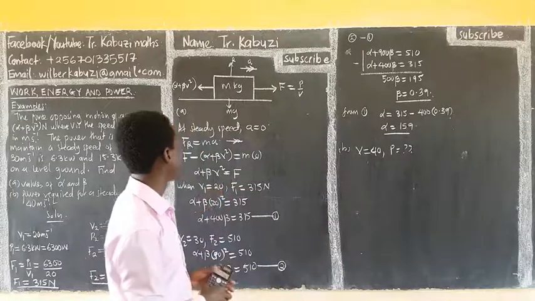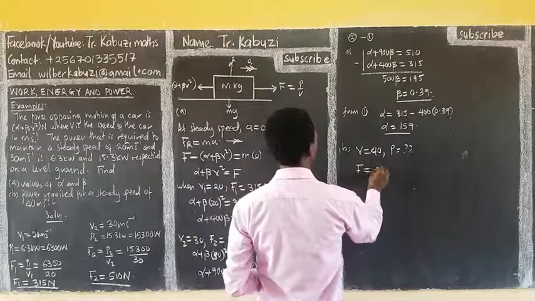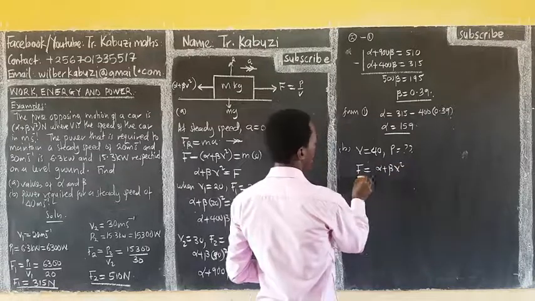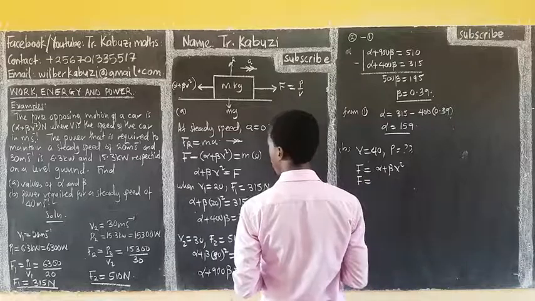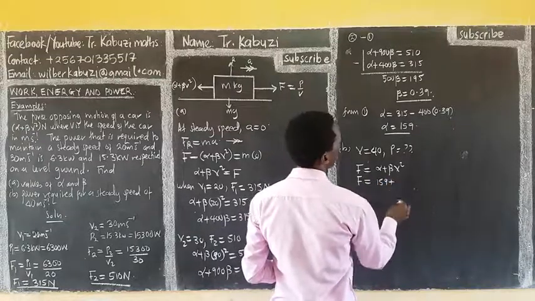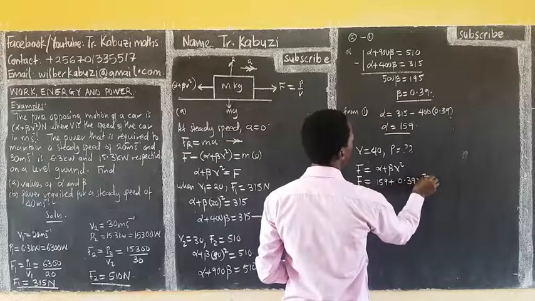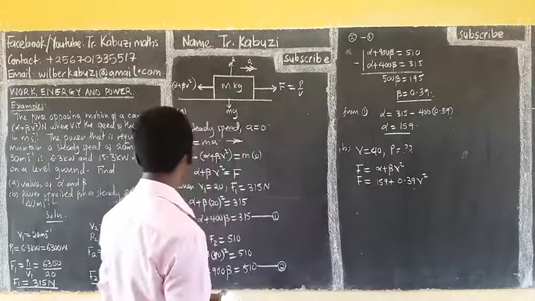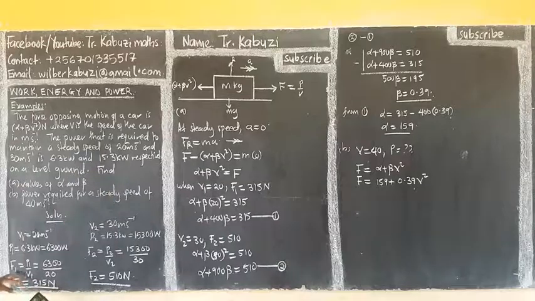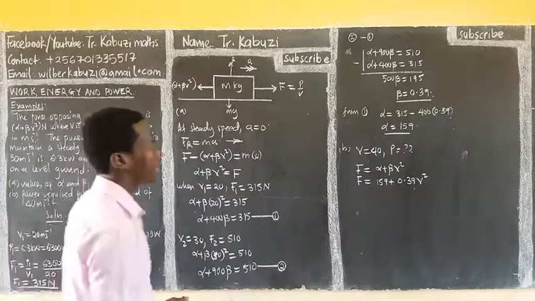My F equals alpha plus beta V squared. Substituting, F is 159 plus 0.39 V squared. Since power is always force times velocity, I first get the force because I have the velocity.